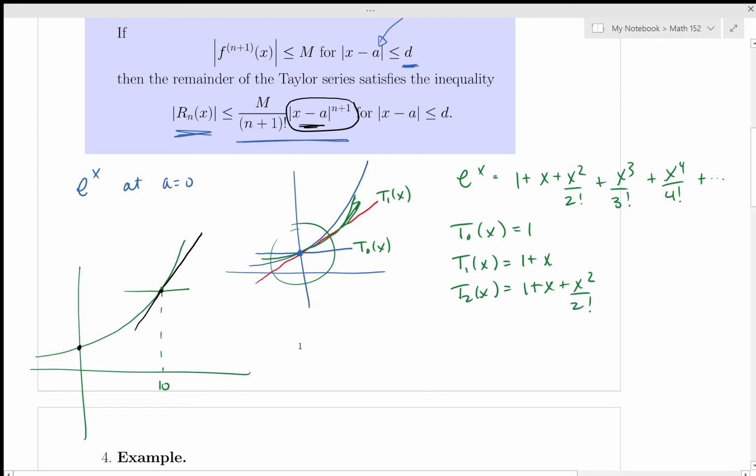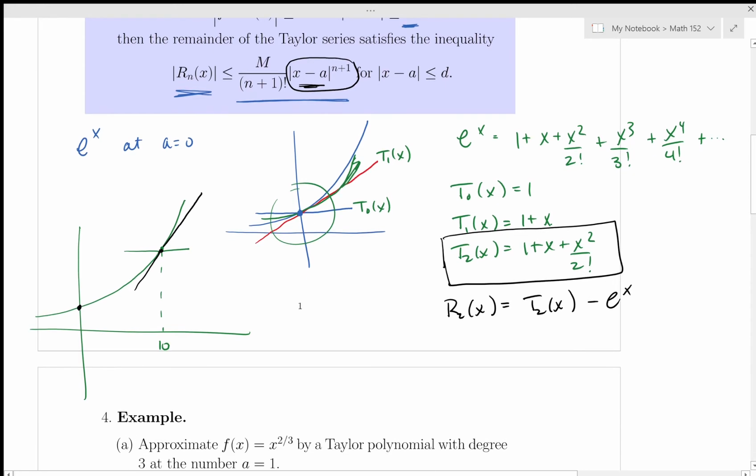Okay, so in this case, say for example, the T2 approximation, the second degree Taylor polynomial to e to the x. And so then it is the case that R2 of x is T2 of x minus e to the x. And so R2 of x, that is the error that I will be incurring, would be bounded by this thing here, the third derivative.